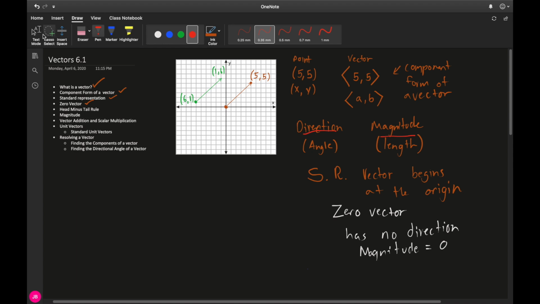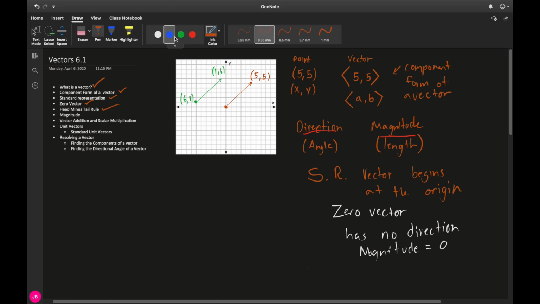If I were to take this and slide it down, it would actually line up exactly with my original vector. So for that reason, we can say that they're equivalent. But on paper, you're not going to have the option to grab that vector and slide it down. There has to be a way to prove that these are equivalent. And the way you prove that is by using the head minus the tail rule.